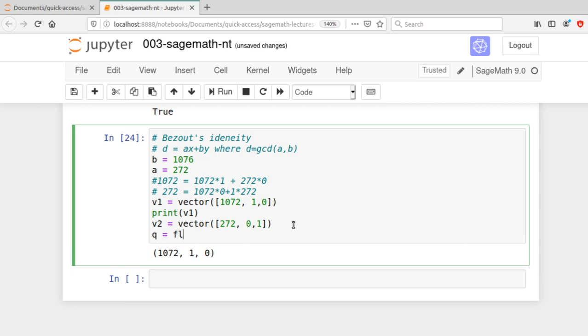We need to find q, which is the floor of b divided by a, where b and a are now v1[0] and v2[0], because the elements here are the 0th element, the 1st element, and the 2nd element. So q is the floor of v1, where I am enclosing the 0 in square brackets, divided by v2[0].